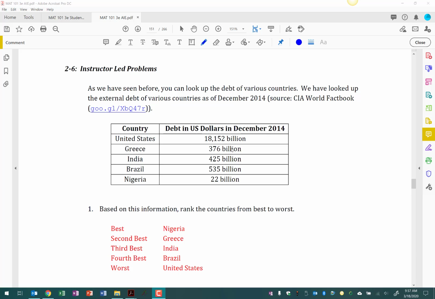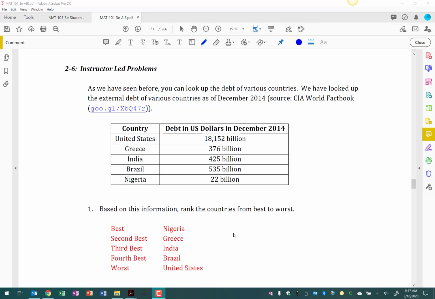Greece 376 billion, India 425 billion, Brazil 535 billion, and Nigeria 22 billion. If we assume least debt is the best, then if we ranked these countries, Nigeria would be the best, it has the smallest debt, then Greece, then India, then Brazil, then the United States. But just simply looking at their debt doesn't tell the whole story.